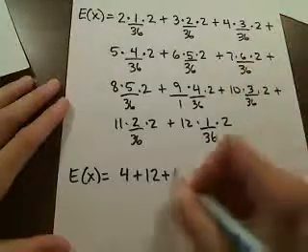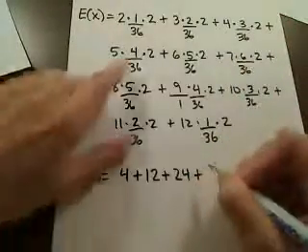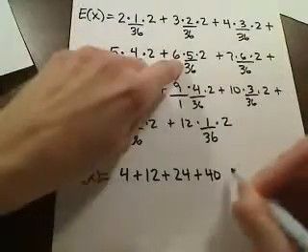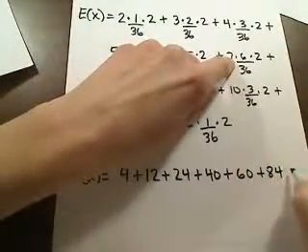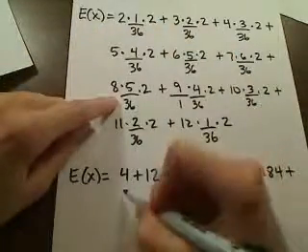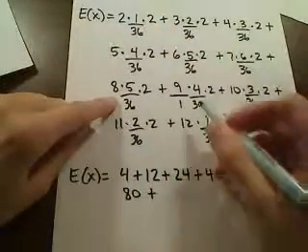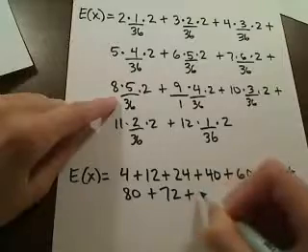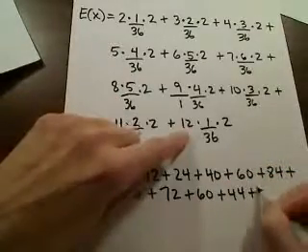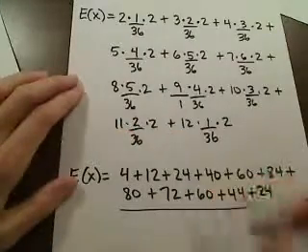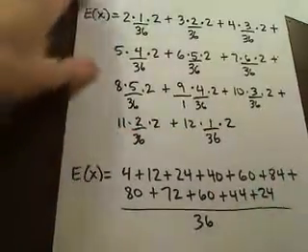This is 12 times 2 is 24. This is going to be 40. This is 60. This is 84. This is 80. This is 72 and 60, 44, and 24. Okay, and that's all over 36.